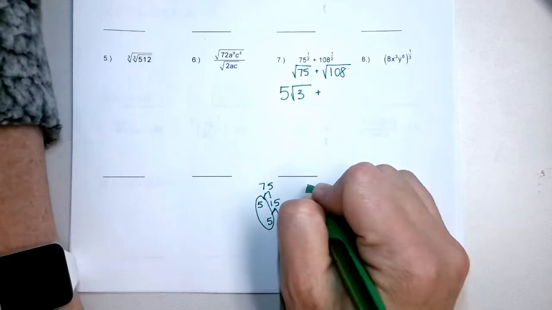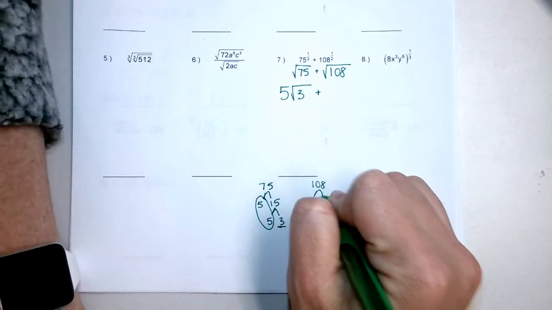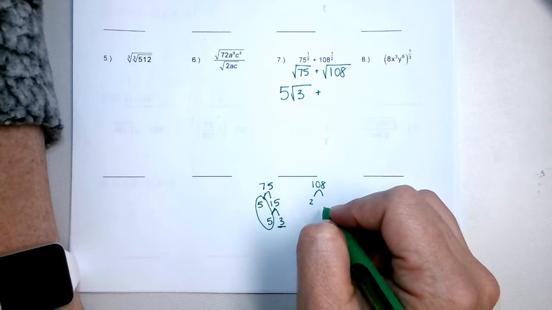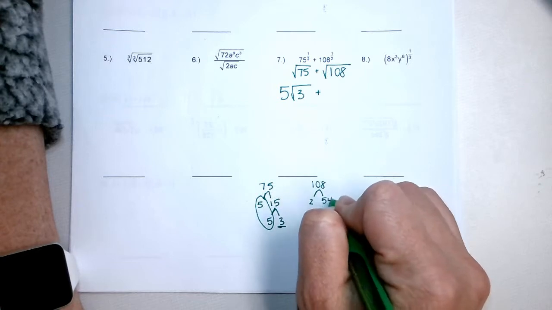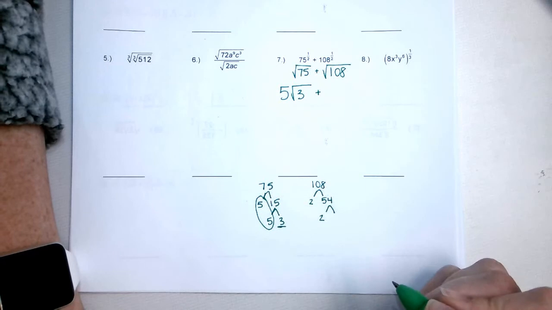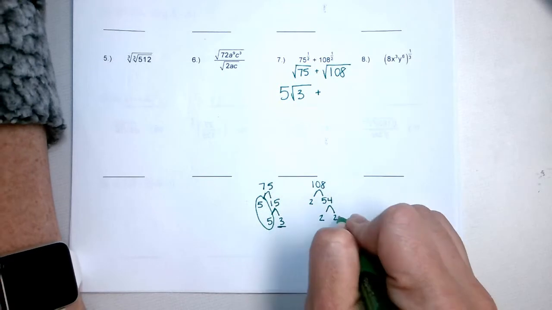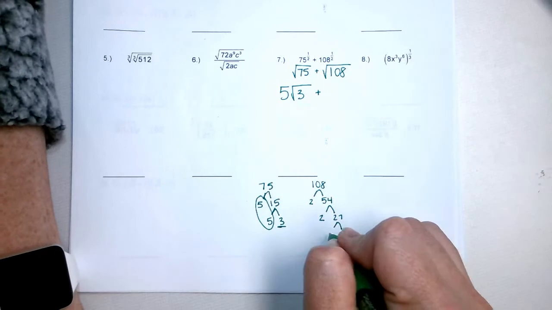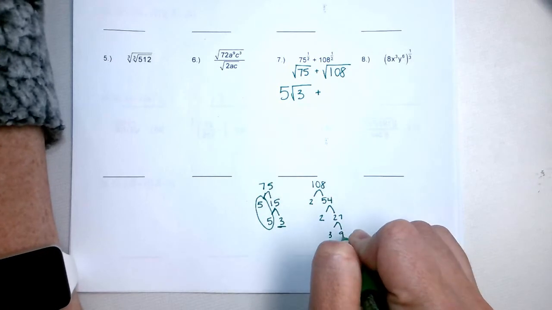Now let's try 108. 2 goes into 108 how many times? 2 goes into 54 how many times? 27. Now 2 does not go into 27. Does 3? Yes. How many times? 9.